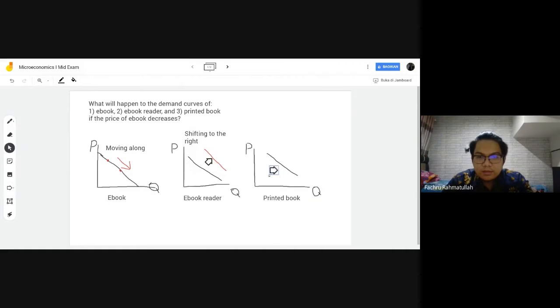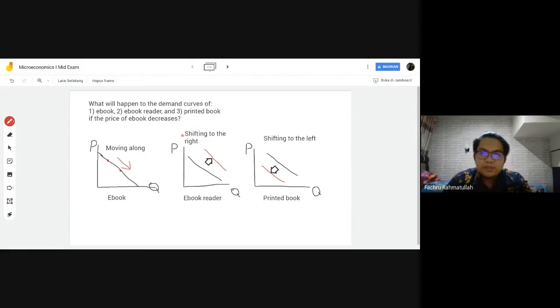Let's see this, and then turn it upside down. Because only the quantity is decreasing, we say shifting to the left. The curve will be right here. So I think that's it for the A question.